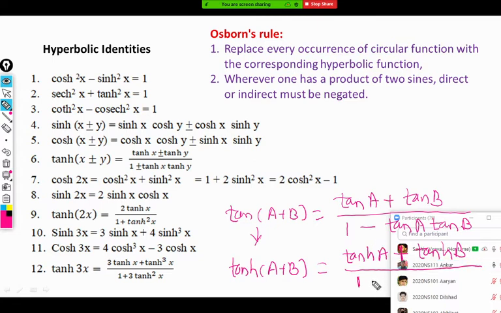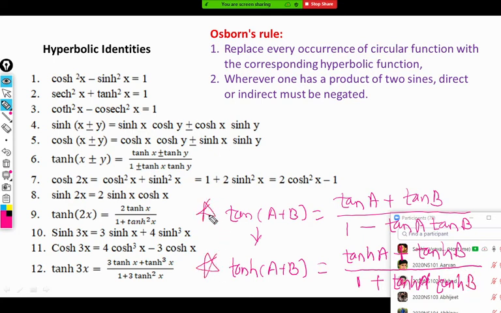It will be plus, because there is a product of sine functions, sine a and sine b. Indirectly, it is sine a upon cos a and sine b upon cos b, so sine a into sine b is a multiplication of two sine functions. It indicates the sign will be changed. So it will become 1 plus tan hyperbolic a into tan hyperbolic b. That is the hyperbolic identity.